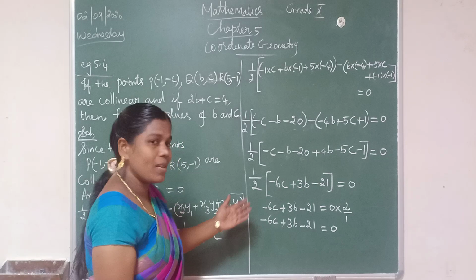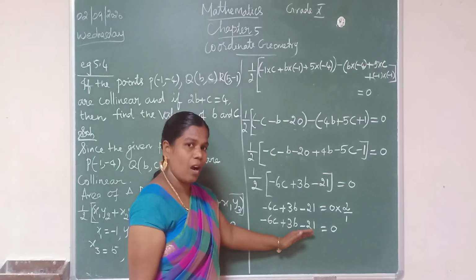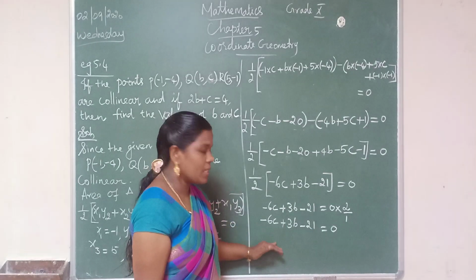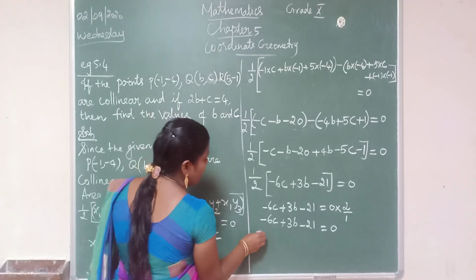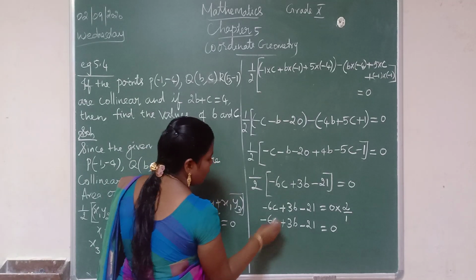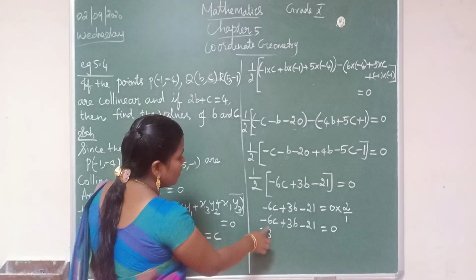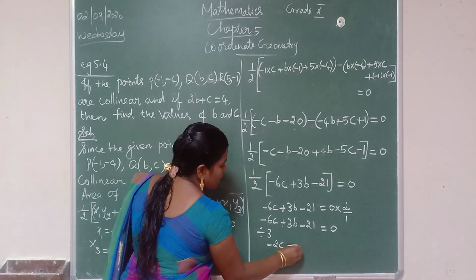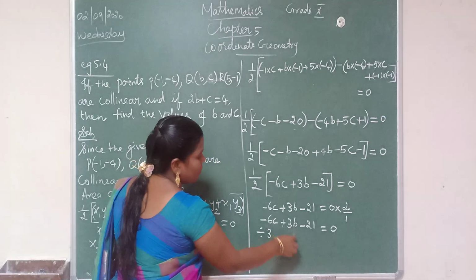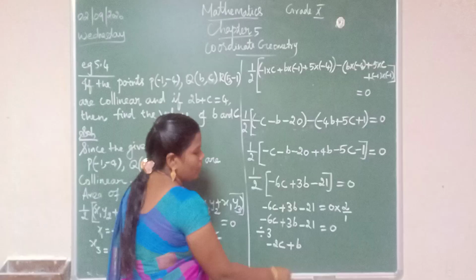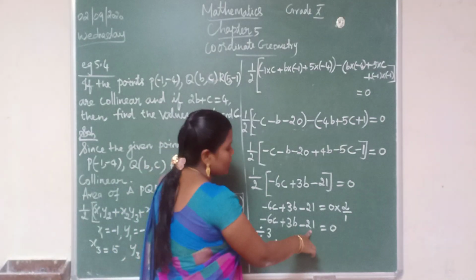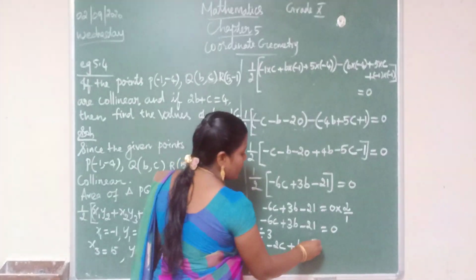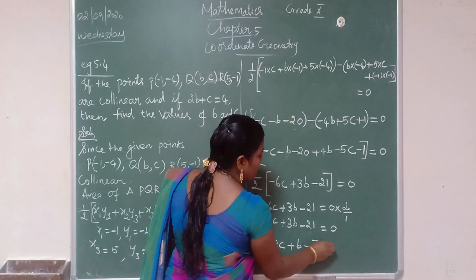Now from all the terms 3 is common, so let's divide by 3. Divided by 3 means first term minus 2c plus b minus, 21 divided by 3 we get 7, equal to 0.